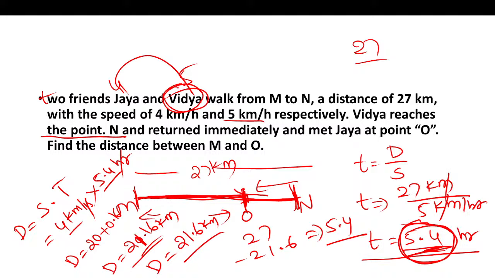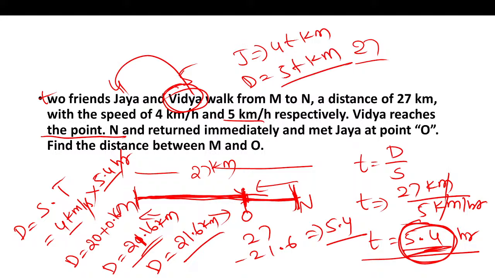5.4 kilometers. After reaching the destination, Vidya turns back and meets Jaya. Let the time taken after running back be t hours. In that t hours, Jaya covers 4t kilometers because distance is equal to speed into time, and Vidya covers 5t kilometers because Vidya speed was 5.